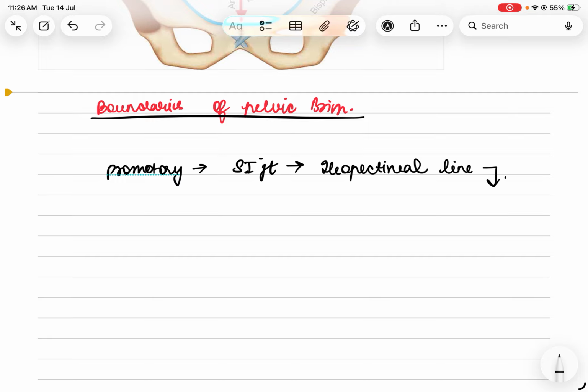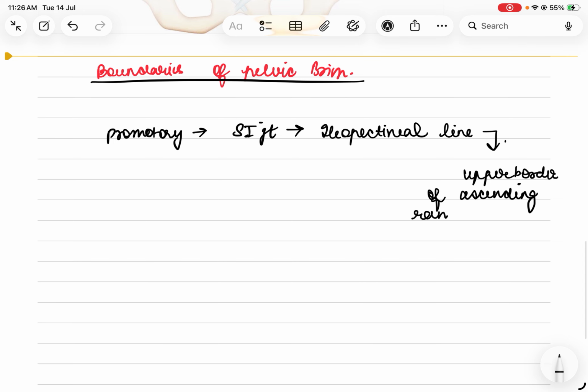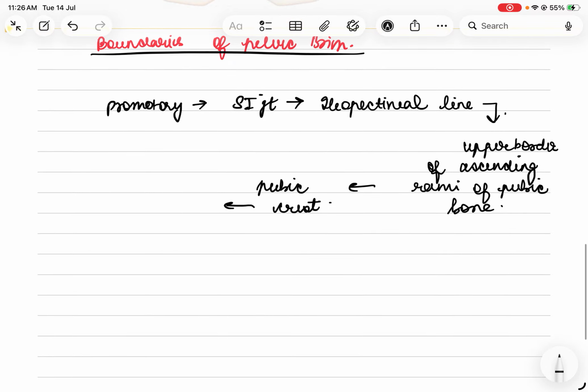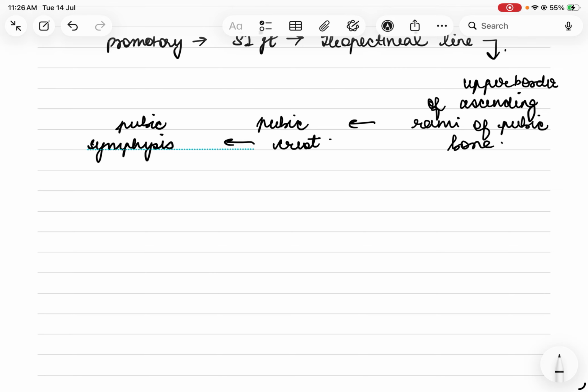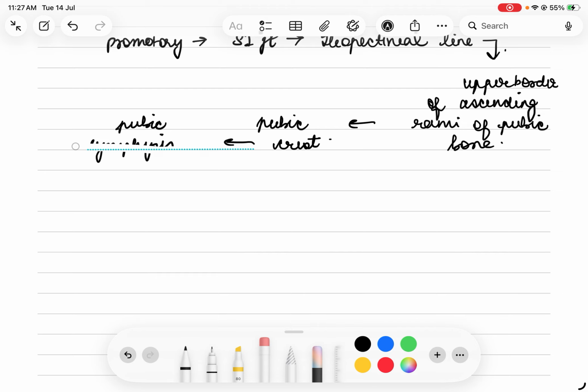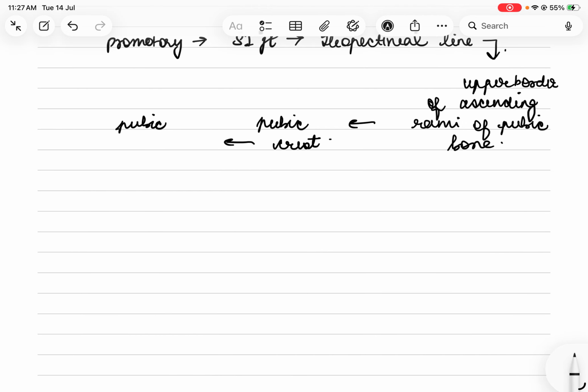Then upper border of ascending rami of pubic bone, pubic crest, then pubic symphysis, pubic tubercle also. Pubic tubercle, pubic symphysis.